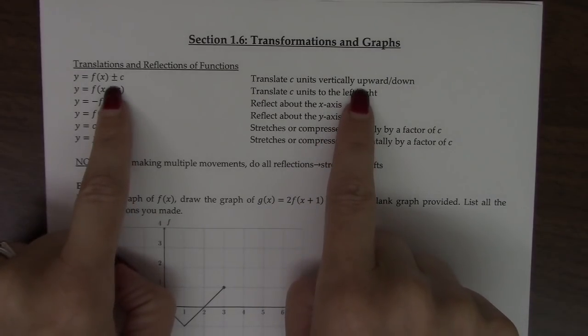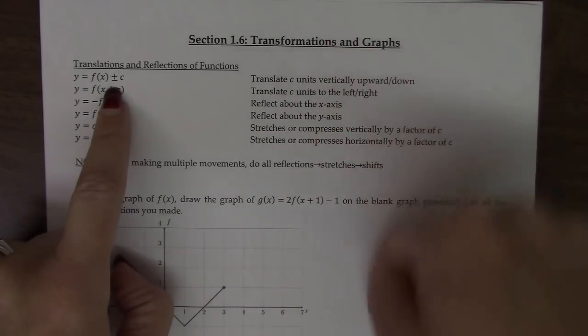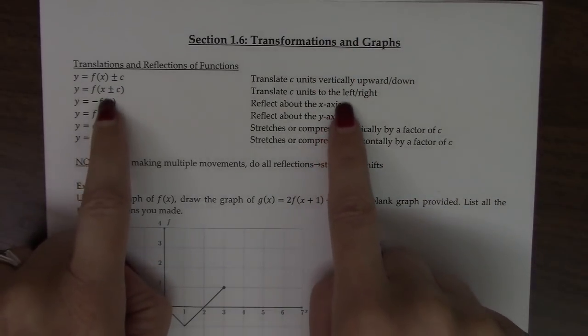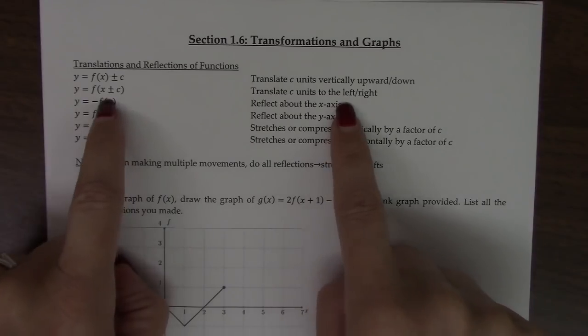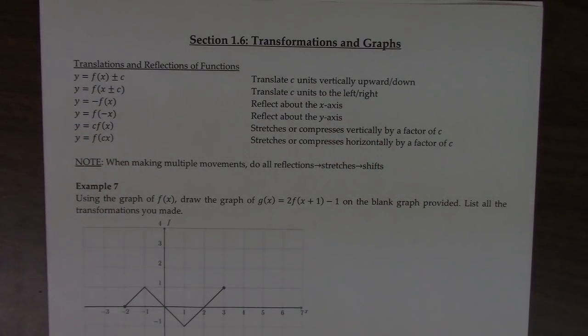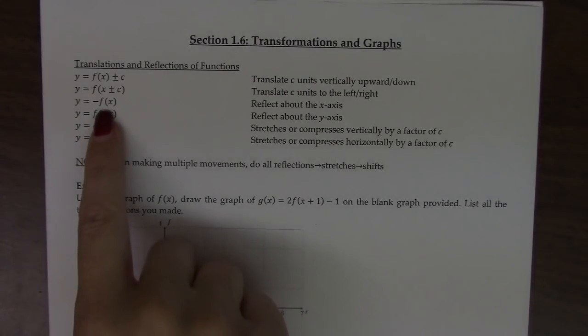Here, plus and minus went with up and down, which made sense: positive y is up, negative y is down. But here, notice it's the opposite movement of what you would expect. When we do our next example, I'm going to show you that the reason the changes on the inside of the function appear to have the opposite effect is actually due to algebra. When we do the algebra steps to unpack those moves, you'll see why it looks like it has that reverse effect.